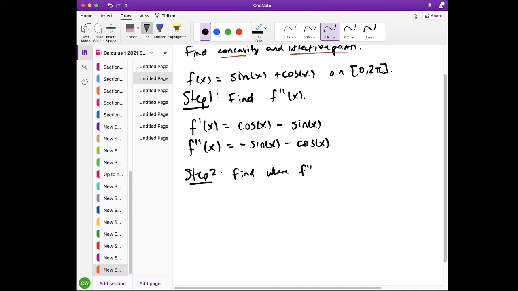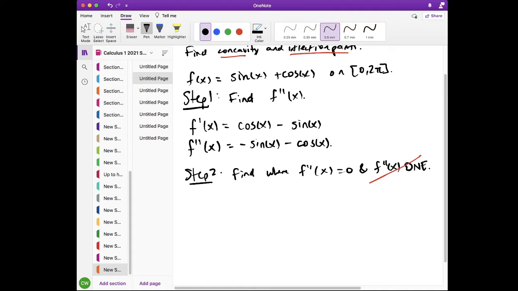Well, first of all, does the second derivative ever not exist? Does this function ever not exist for some x? No, so we don't really care about this part.